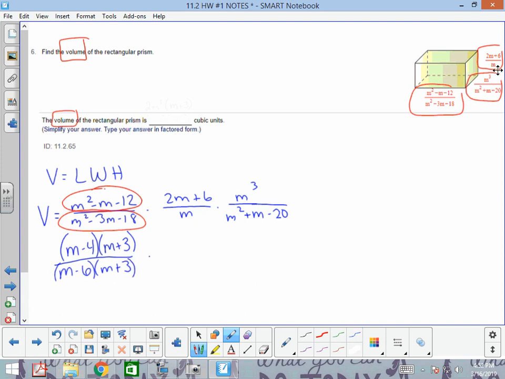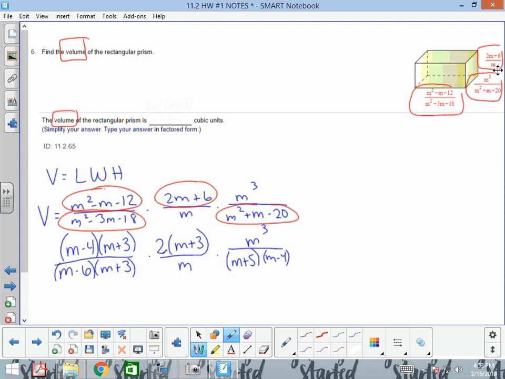Now the numerator of the next fraction, we can factor out a 2. And the denominator of the second fraction doesn't factor anymore. The third fraction, the m to the third, doesn't factor anymore. And the denominator of the last fraction will factor to m plus 5, m minus 4.